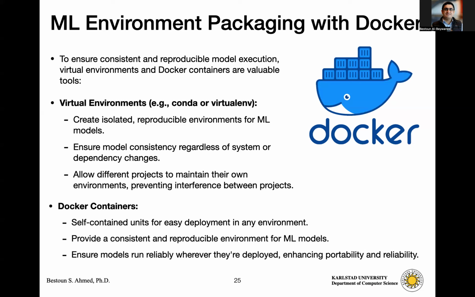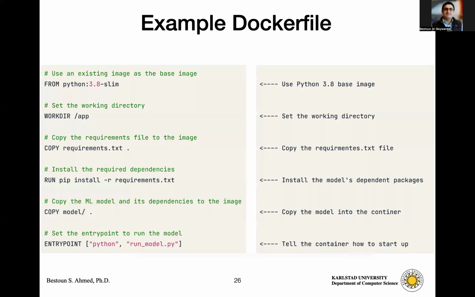And when you have the Dockerfile, you just containerize it and you can use it within any environment. Using a Dockerfile is easy also. Creating a Dockerfile and containerizing it is easy.